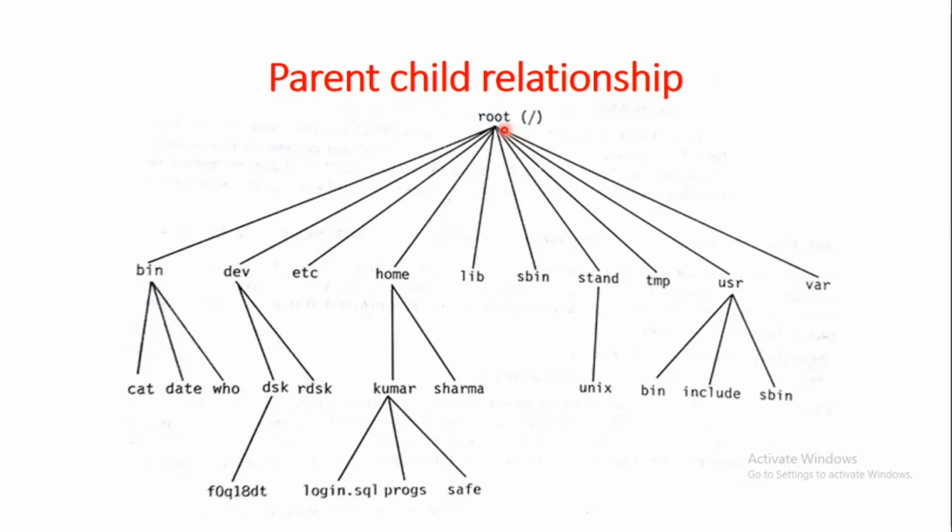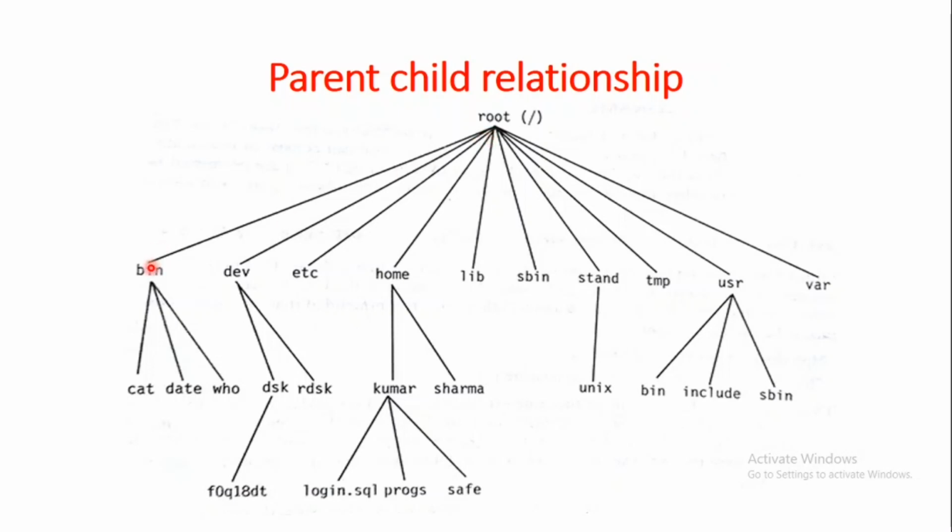And regarding the relationship between themselves, I can say that bin is a sibling of dev. There are certain files present under bin: cat, date, who. These are nothing but some of the executable commands. As already said, the external commands lie under bin. So cat is a file whose parent is bin and whose grandparent is root.